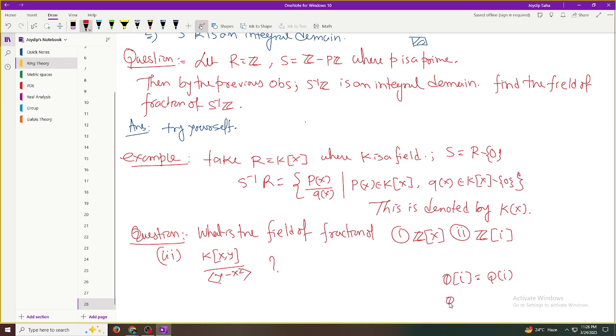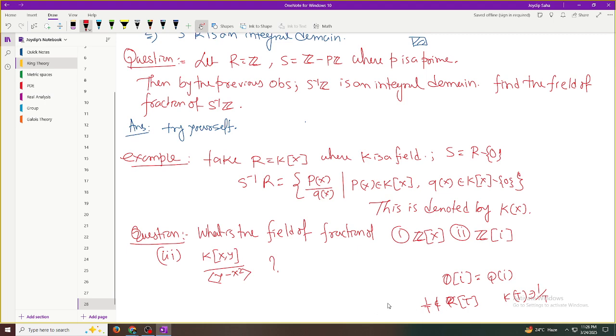But k[t] is the polynomial ring, and k(t) is the field of fractions. They are not equal because 1 by t belongs to k(t), but 1 by t does not belong to k[t].